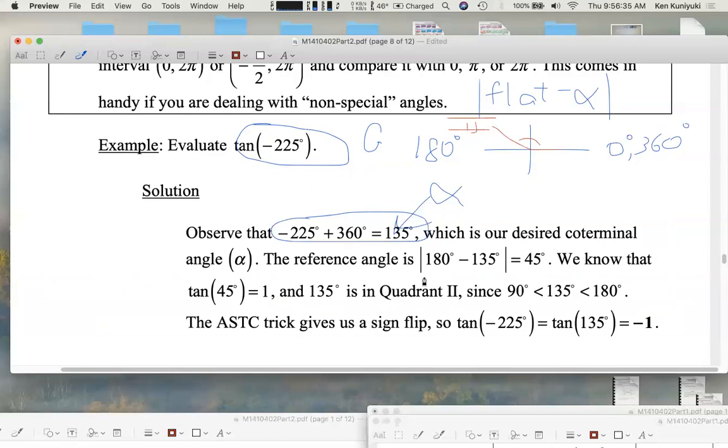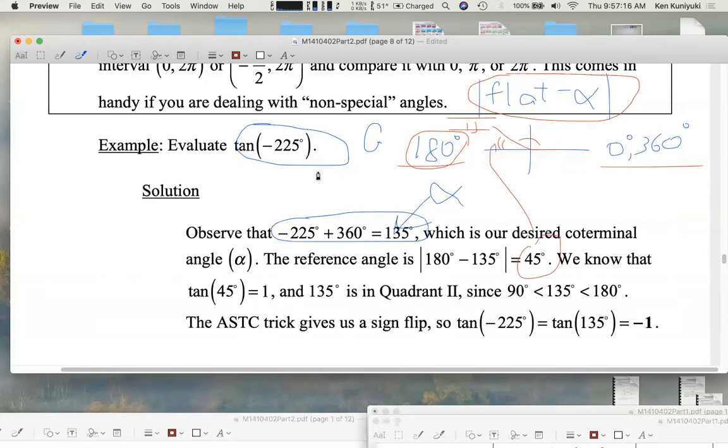Now, what's going to be the reference angle over here? We use this formula. The absolute value of the relevant flat angle minus our alpha, 135 degrees. What's the closest flat angle to 135 degrees? It's going to be 180 degrees. That's the closest one of these three to 135 degrees. So we take the absolute value of 180 degrees minus 135 degrees. That's 45 degrees. That's going to be the reference angle.